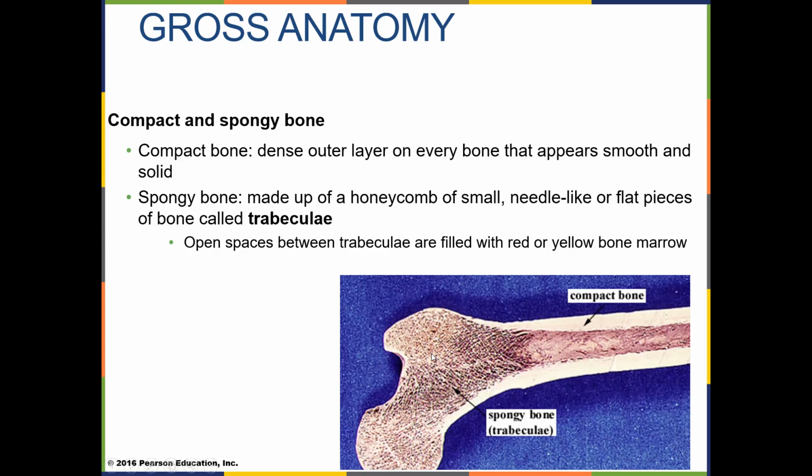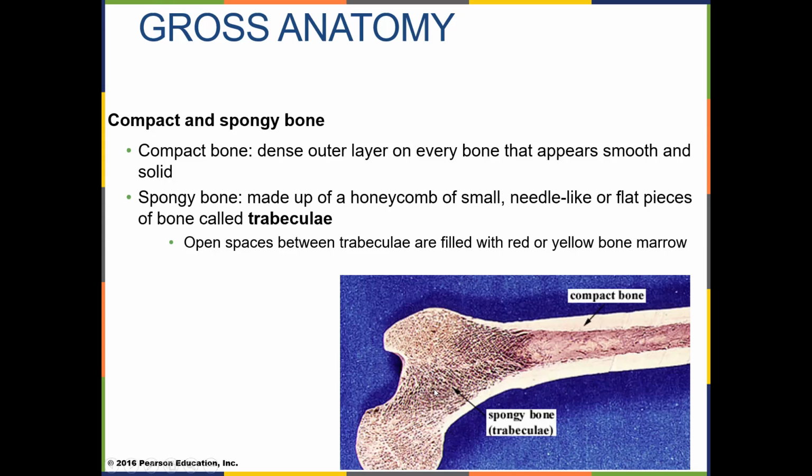But here we have the stress of motion, where we're moving in all different directions. We have a thin coat of compact bone on the head and the neck of the femur, just like at the humerus, and anywhere we're going to be exposed to stress, we're going to have this arrangement.